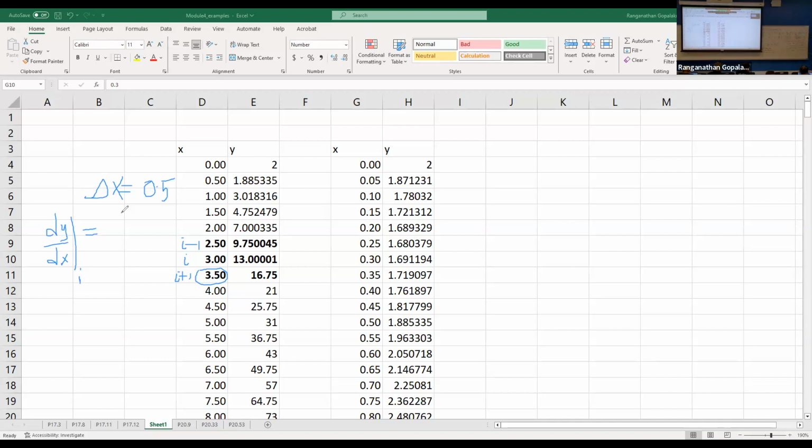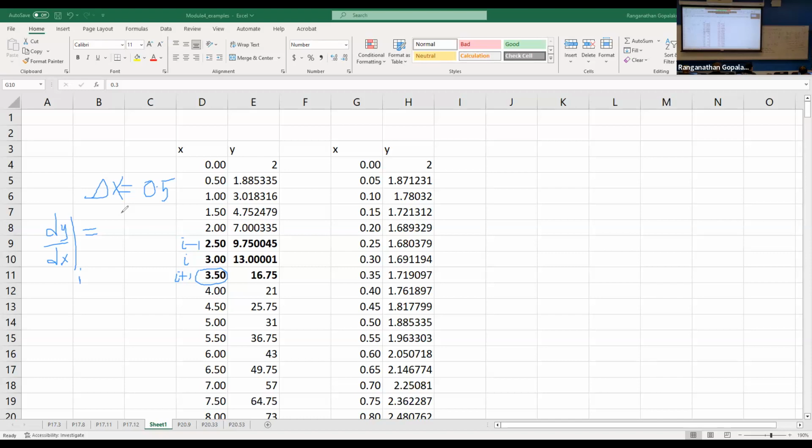So you tell me, what is the order of magnitude of my error? Since I'm subtracting these two equations, it will be 2 times d cube y over dx cube at i multiplied by delta x cube divided by 3 factorial. But when I rearrange, I also divide by delta x.